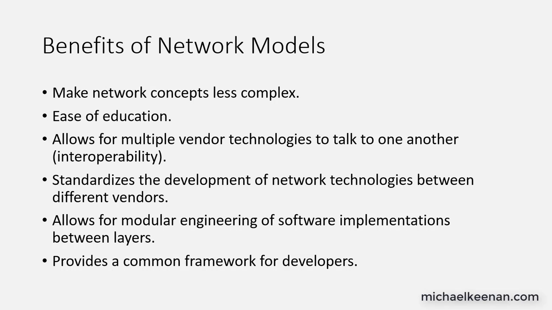What a network model allows for is for IBM or for Apple to create a network interface card or a developer to write software so that it can communicate with other vendor technologies easily. There's a common framework, and not everybody is using their own proprietary concept of a networking technology. Instead, everything is unified so that they can all just talk to each other using one standard.